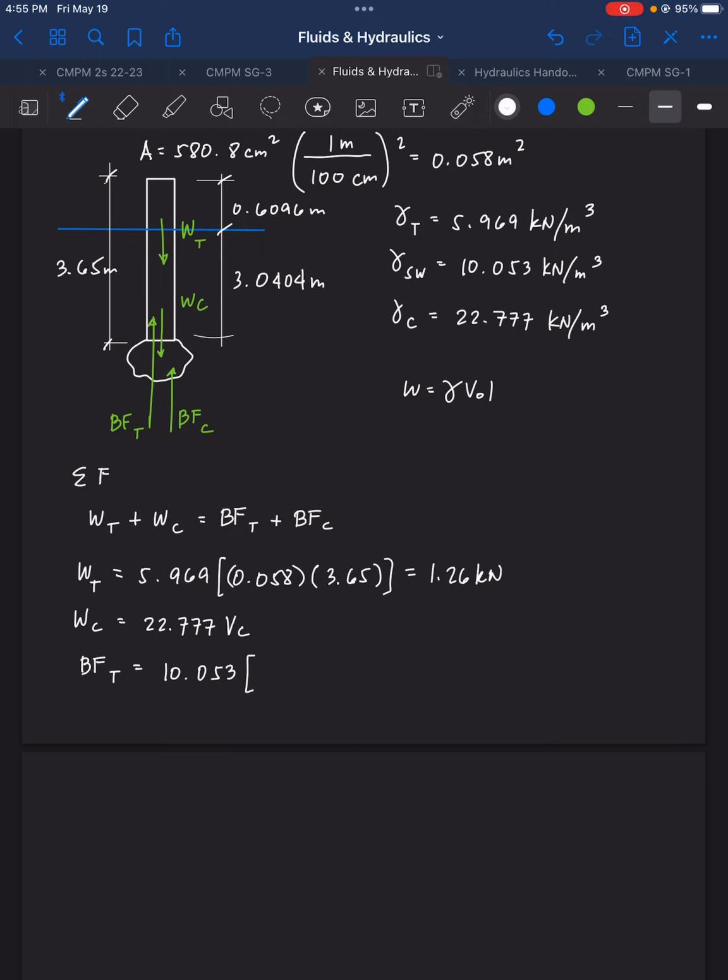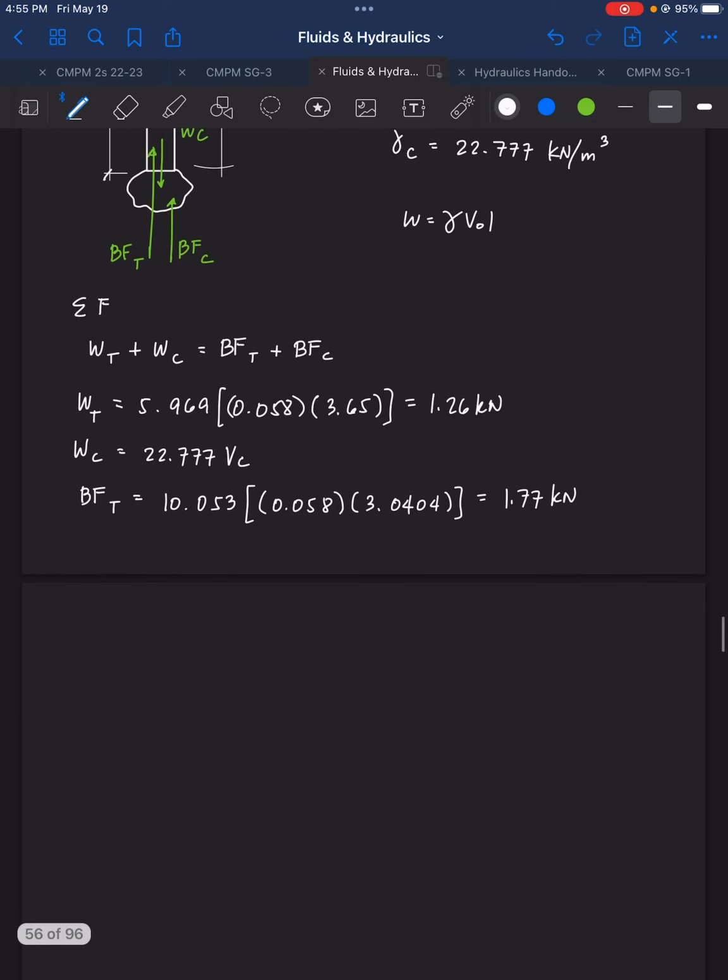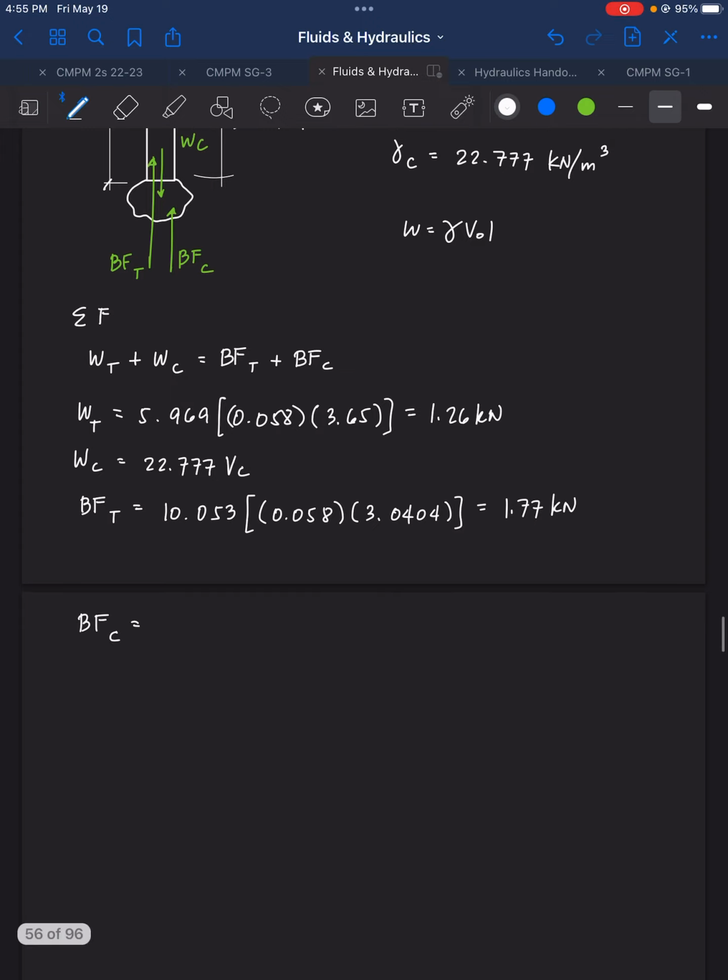So the volume submerged here is base 0.058 times the height submerged, so that is 3.0404. That is equal to 1.77 kilonewton.